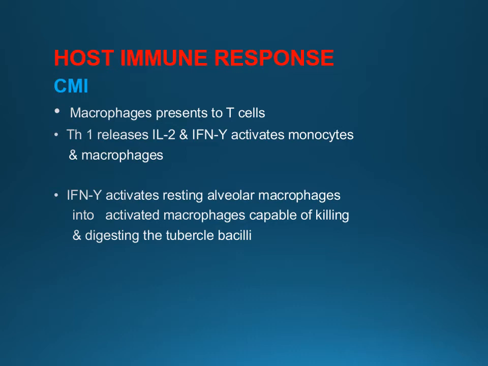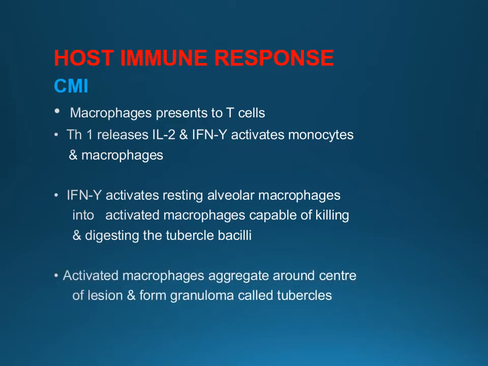So they are activating these macrophages so that they can kill this bacilli, and this results in the formation of epithelioid cells. Why are they called epithelioid cells? Because these macrophages now look like epithelium cells, therefore they are called epithelioid cells.